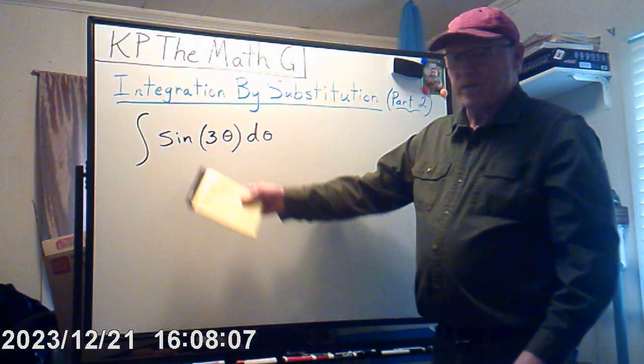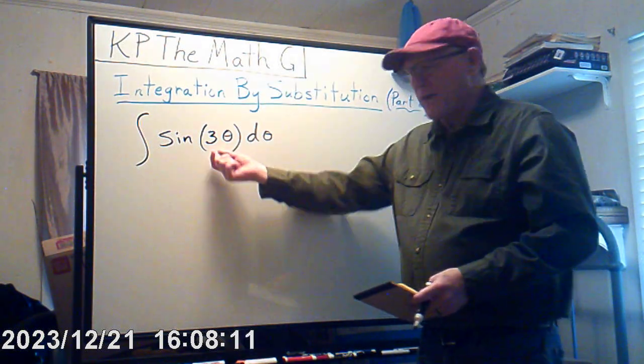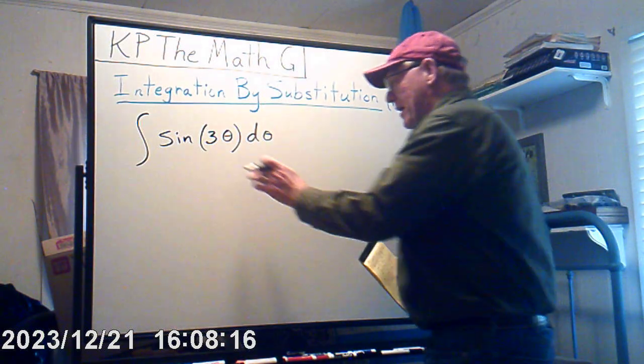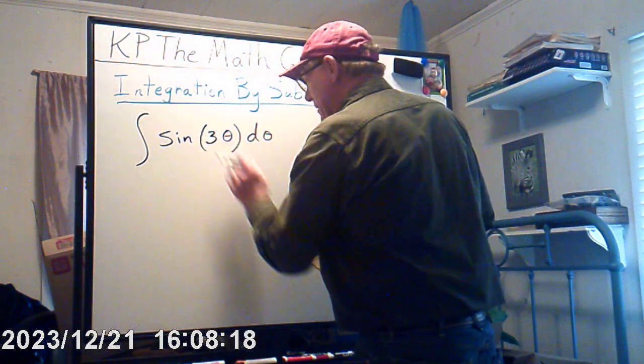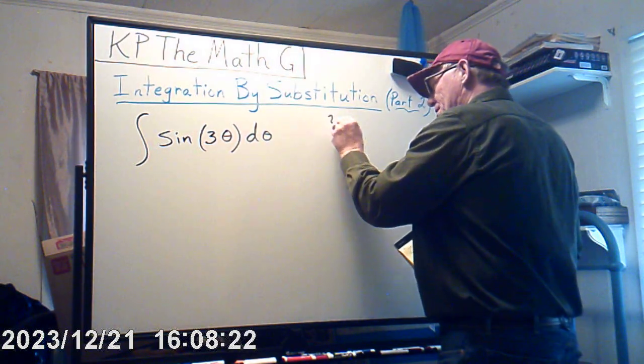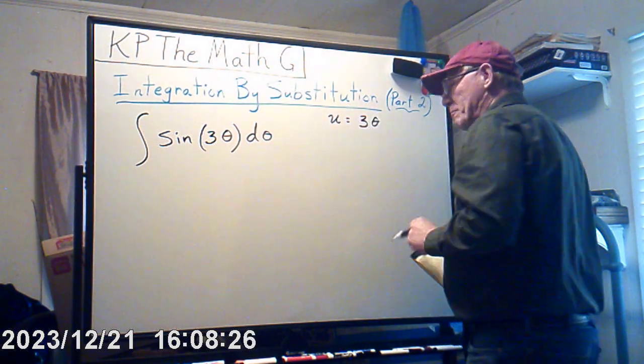We know that the antiderivative of sine is negative cosine, but we have a 3 theta here, so we have to do something about that. It would be nice if this were just theta. We're going to do a little substitution here, so we're going to let u be that 3 theta.